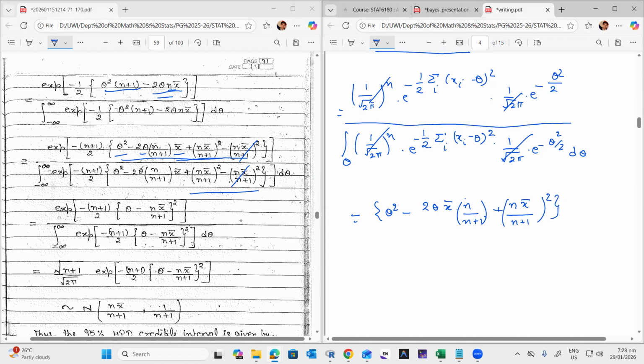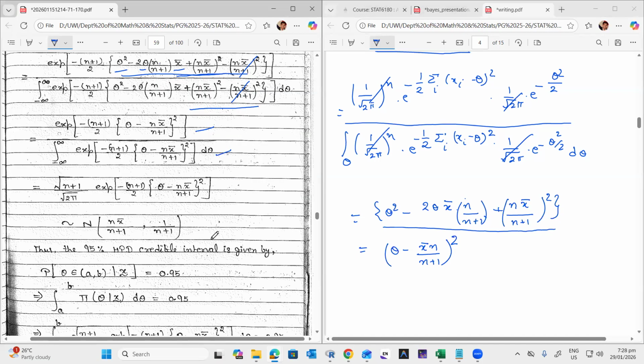So this is the formula of x minus a whole square. So we will take theta minus n x bar divided by n plus 1 whole square, right? The same thing we are going to use here.